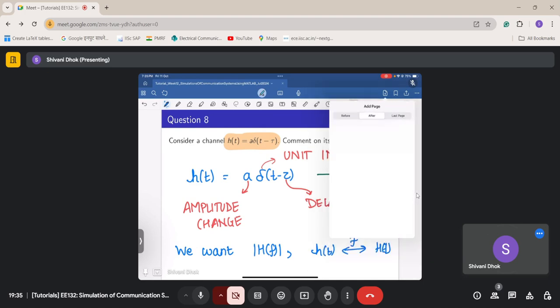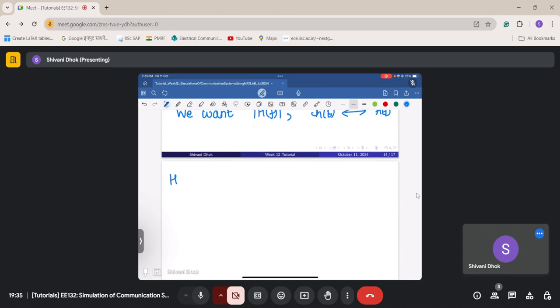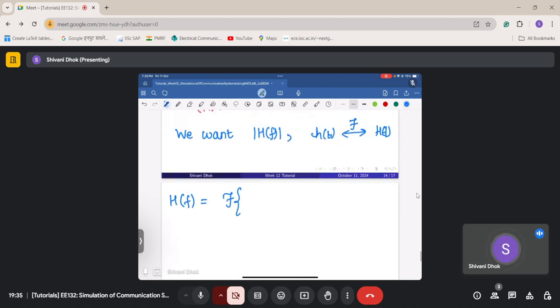Let us first find out what your H of f is. H of f is basically the Fourier transform of your h(t), that is A into delta(t minus tau).